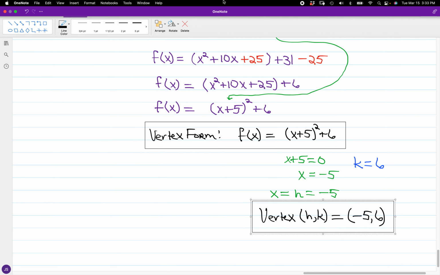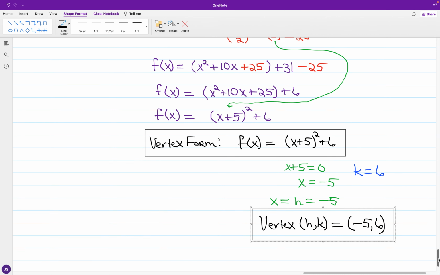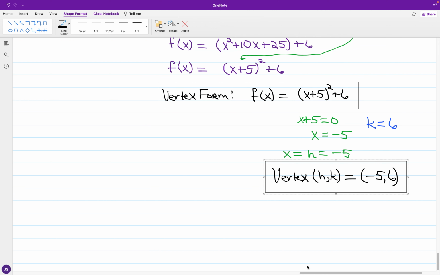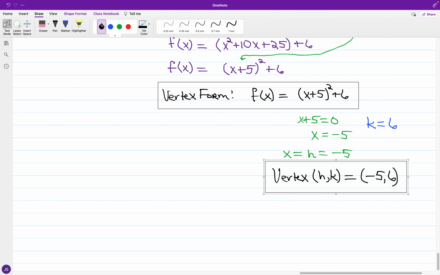Okay, now, so far we've had the first term in the standard form to be x squared. I'm going to give you a case where we might have a raised coefficient.